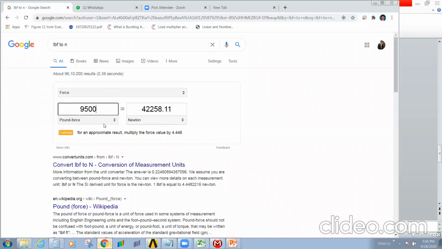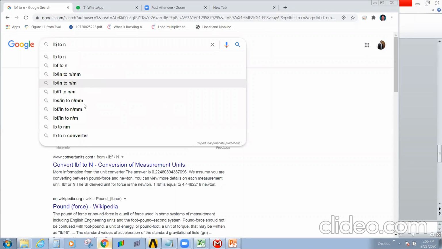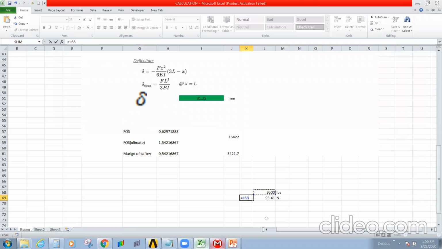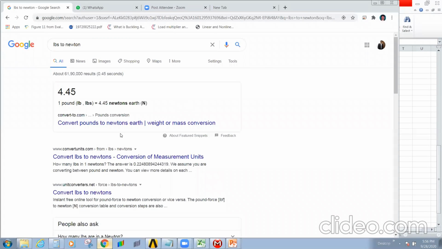If I consider this, that's what I have seen, LBF or LBS are one and the same. So this conversion factor will be 4.45. What we considered here was 93.41. Let me check that, because as I have worked on this, LBS and LBF are one and the same.